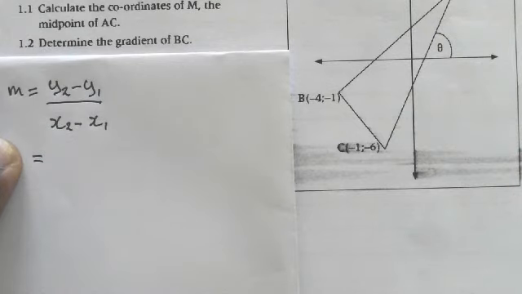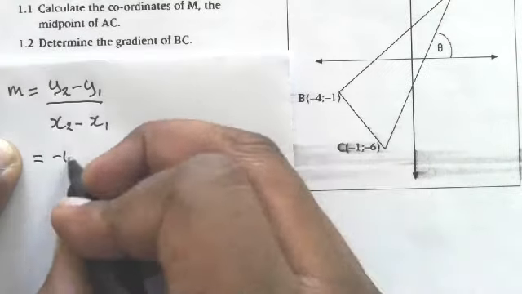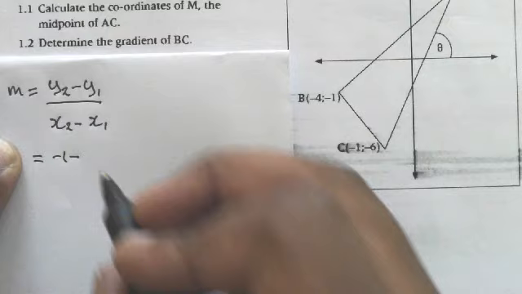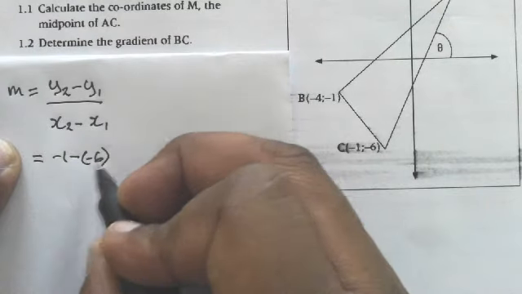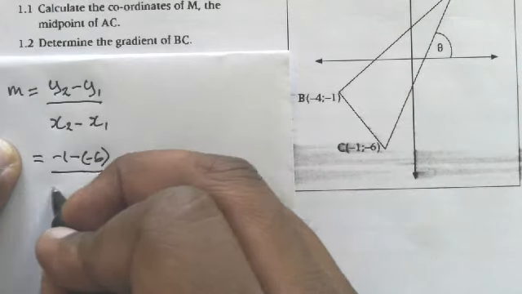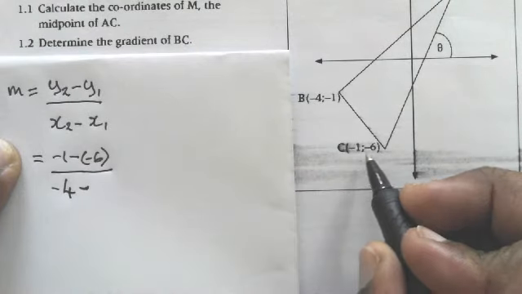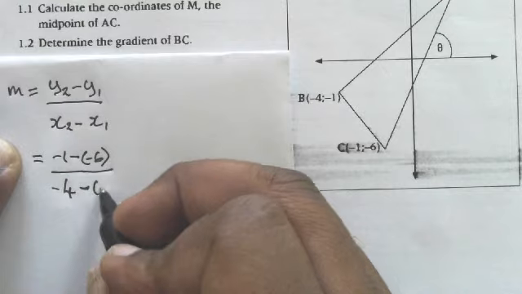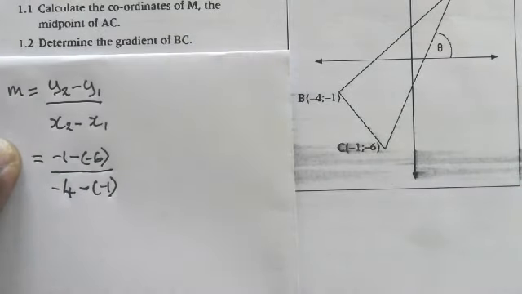Remember y2 can start anywhere, I'm just going to start there. So y2 is negative 1 minus y1, which is negative 6, over x2, which is negative 4, minus x1, which is negative 1.